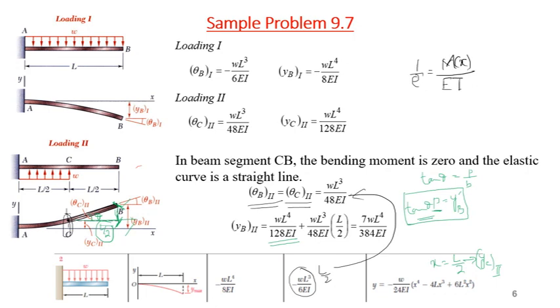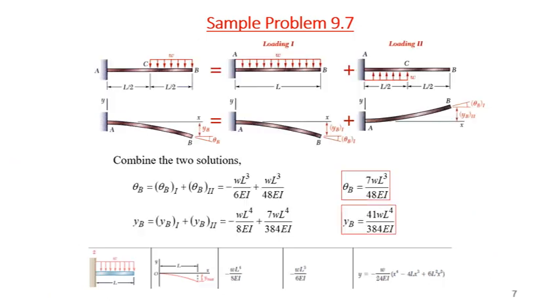by putting x equal to L by 2. So this will give me the deflection at B, that is 7WL^4 divided by 384EI. Okay, now this will give you the deflection at B and the slope at B using this relationship.